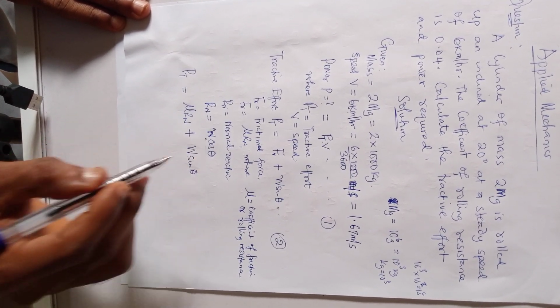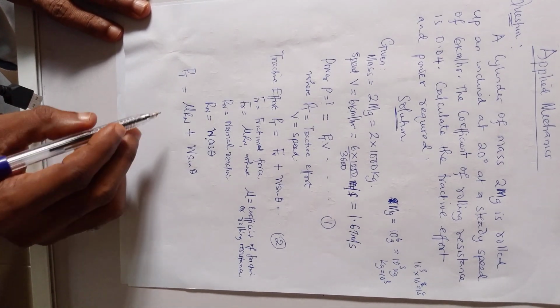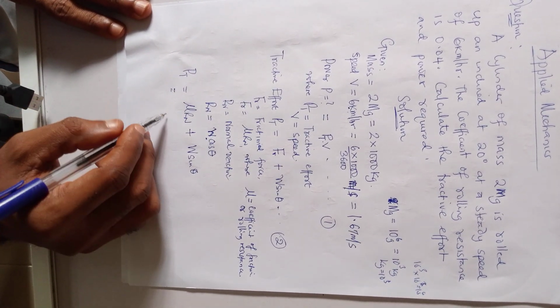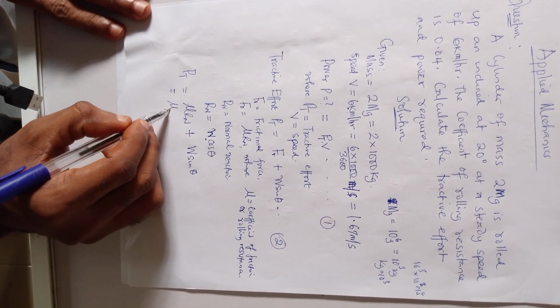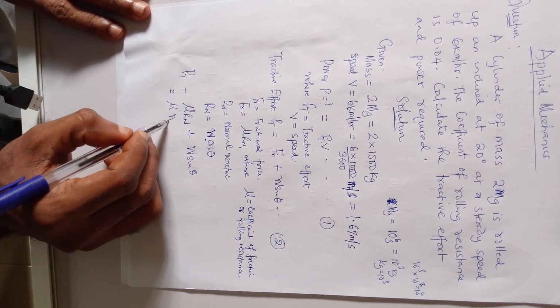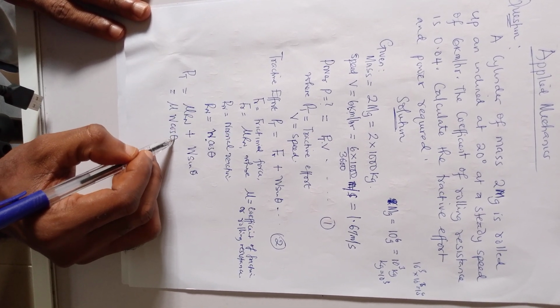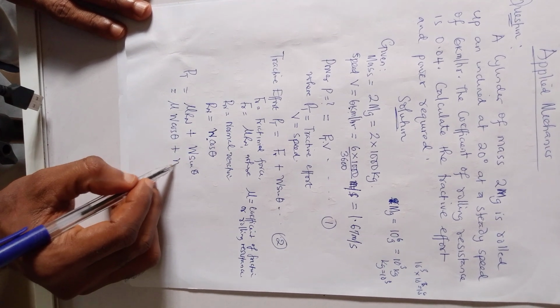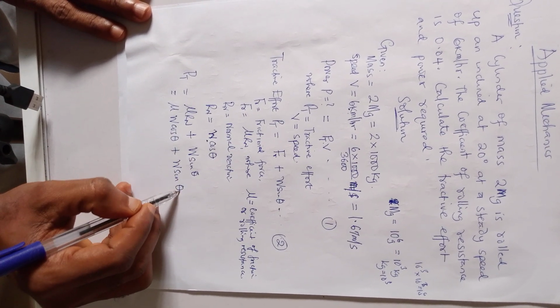But we know that Rn is W cos theta. So this tractive effort becomes mu times W cos theta plus W sine theta.